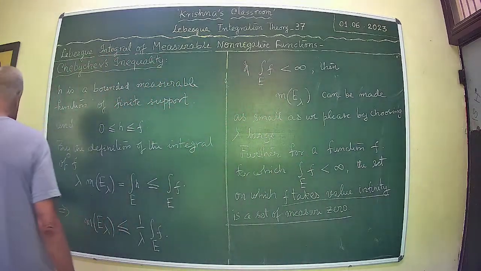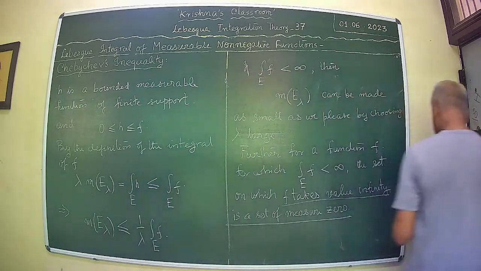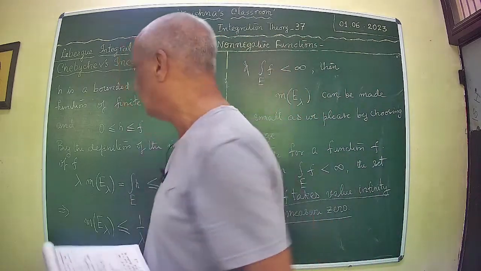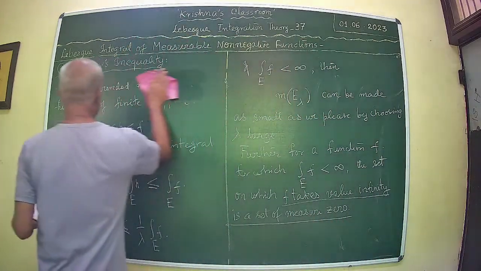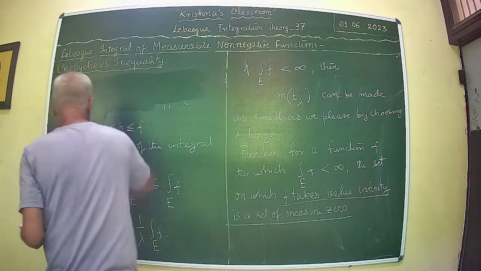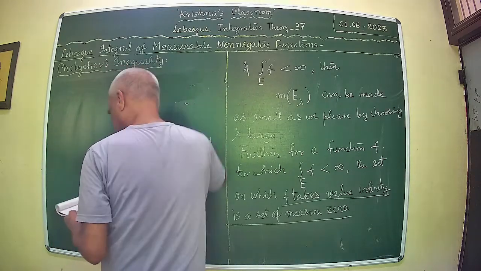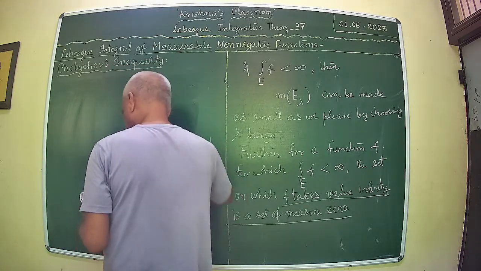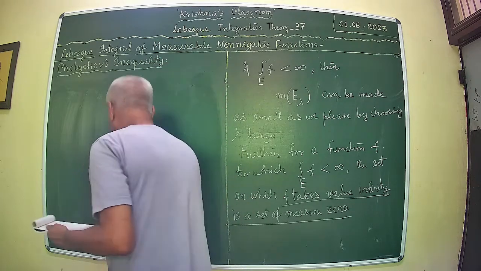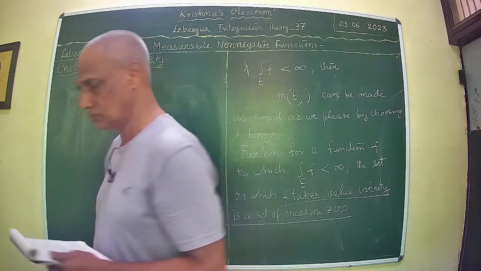Now we can use this to get a further nice information about the function, more deeper than what we stated. What we can possibly conclude is that if integral of f is 0, then f is 0 almost everywhere. That's the next thing.